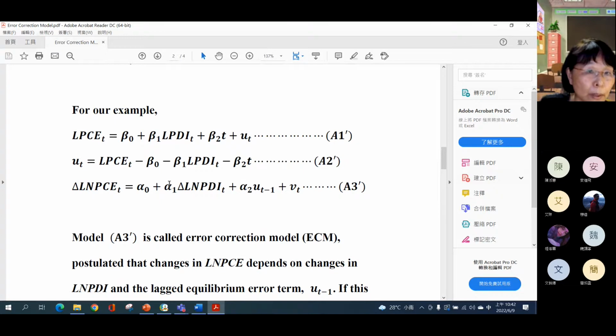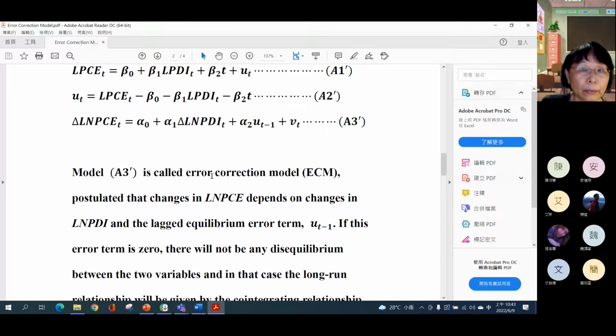And alpha 1 is the short-term impact of delta LMPDI to LMPCE. Okay, so the third equation, A3 prime model, A3 prime is called the error correction model.